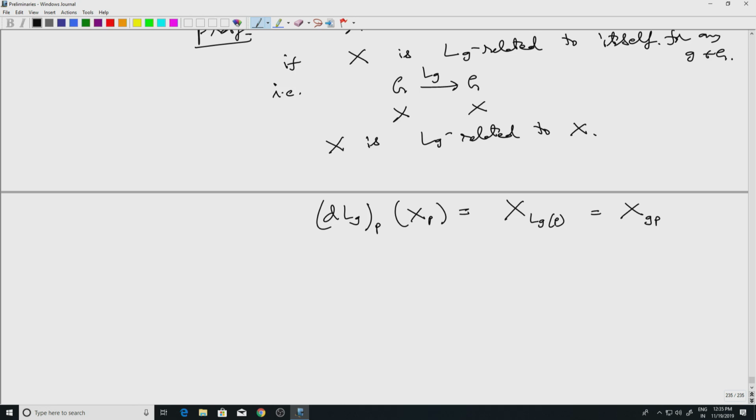Therefore, this property of left invariance can be expressed in terms of the fact that X is L_g related to itself.